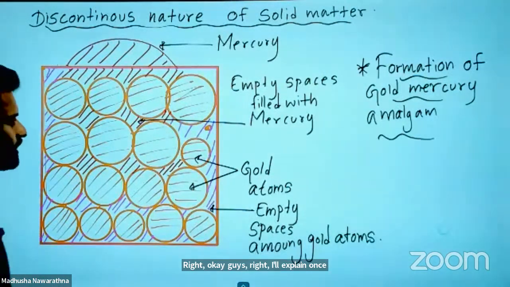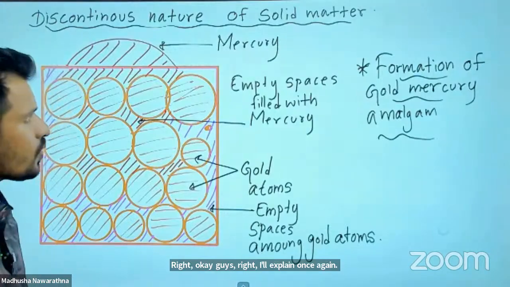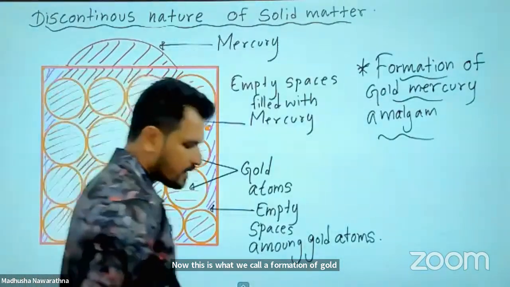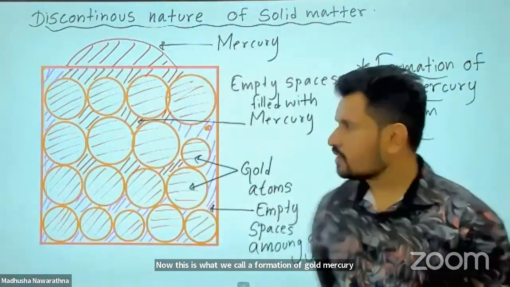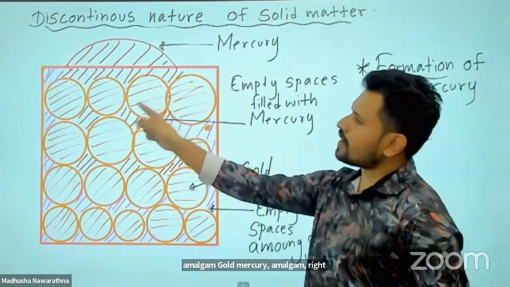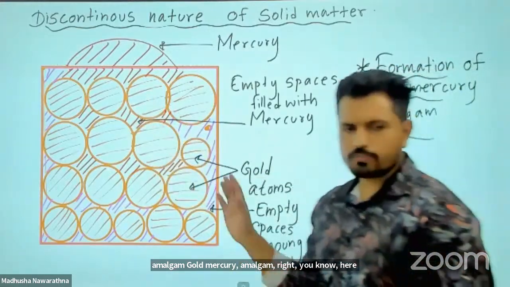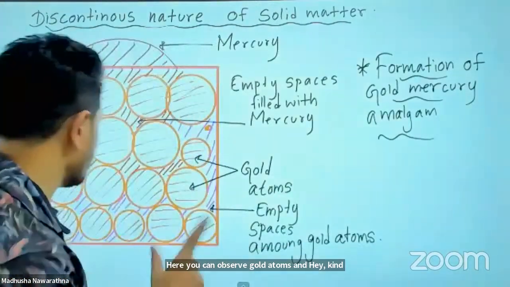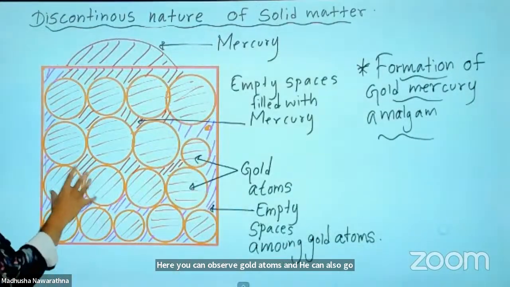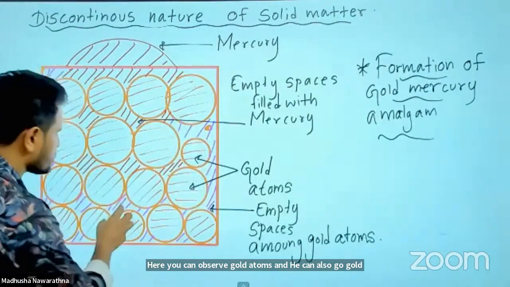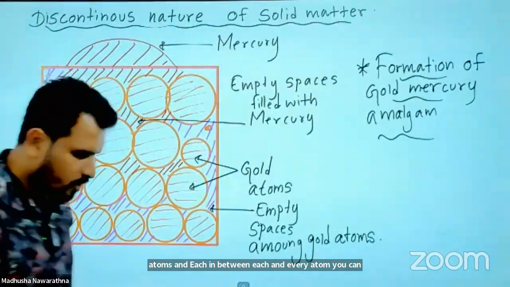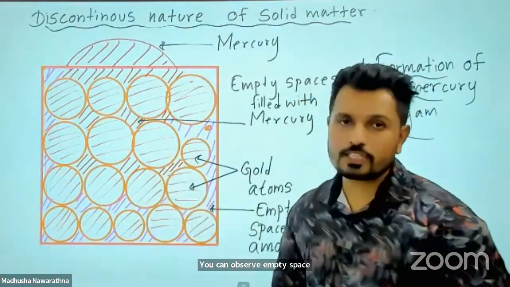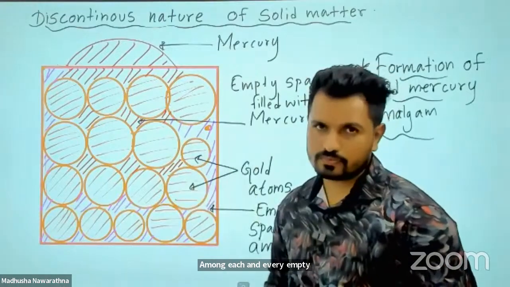Watch carefully. Now this is what we call formation of gold mercury amalgam. Here you can observe gold atoms, and in between each and every gold atom you can observe empty space.